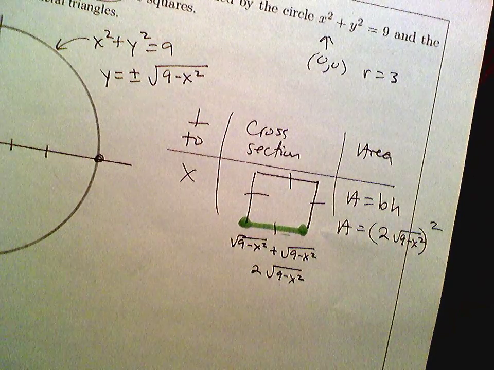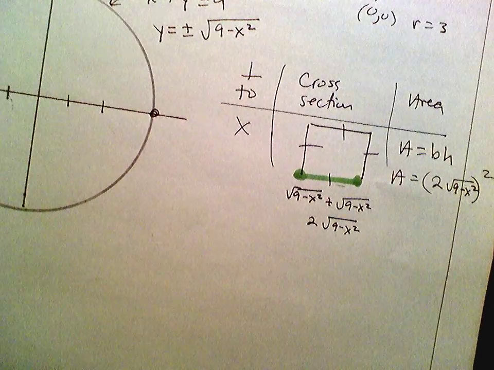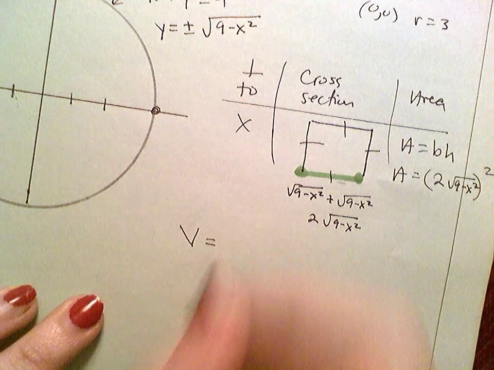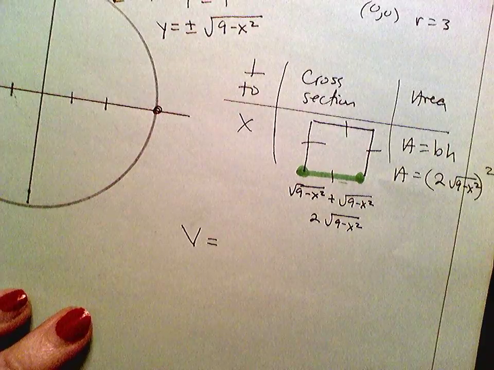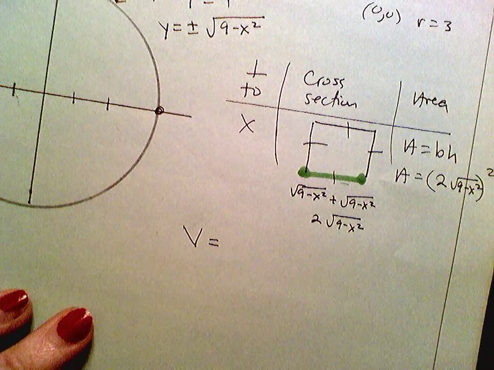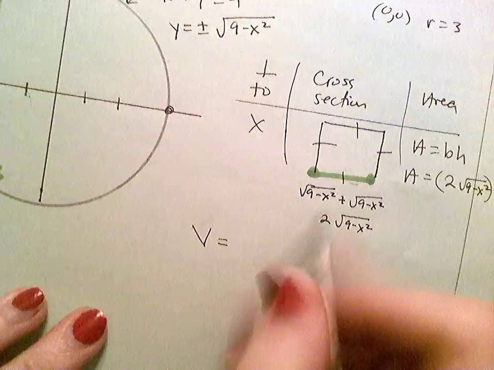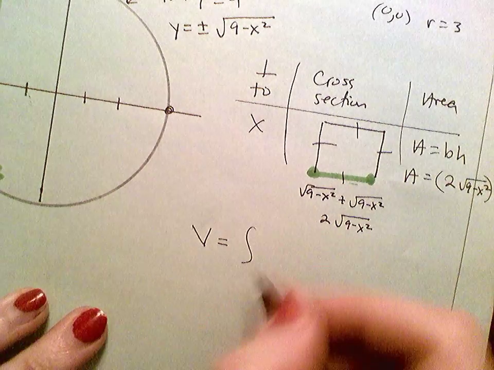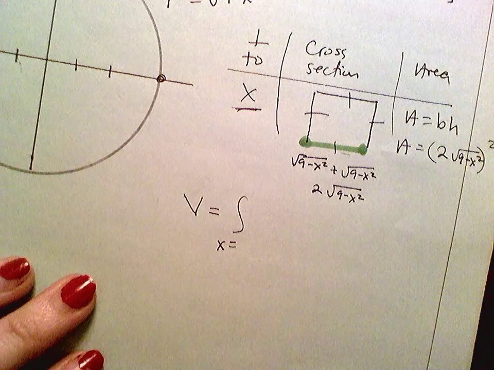So the volume of that solid that I tried to show you a visual for at the beginning is going to be the integral. We're dealing in x. So from x equals what? What is the lowest x value here?